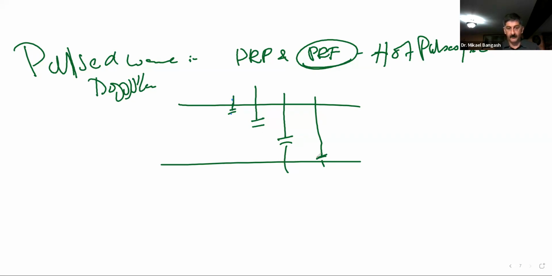This mechanism will determine the Doppler shift frequency. Clear? This PRF plays a determinant part in what we call the sampling rate.